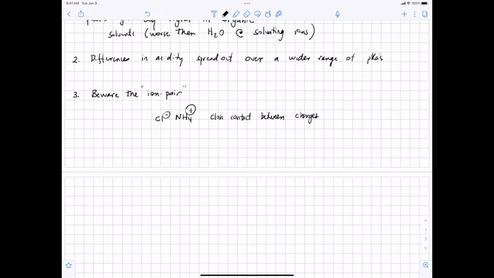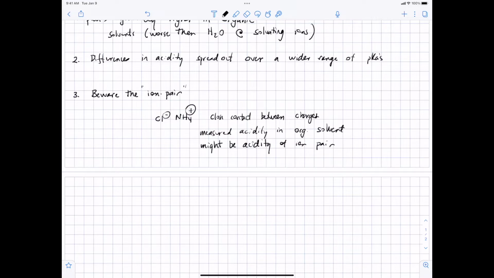If you're in organic solvent that doesn't solvate ions very well, that means the ammonium and the chloride are going to be very close to each other, and therefore the measured acidity in organic solvent might be the acidity of the ion pair rather than the cationic acid. So you have to be just a little bit careful in interpreting the data.